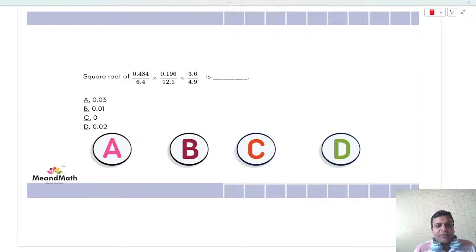Sarah says the option number A. Yeah, 0.03.